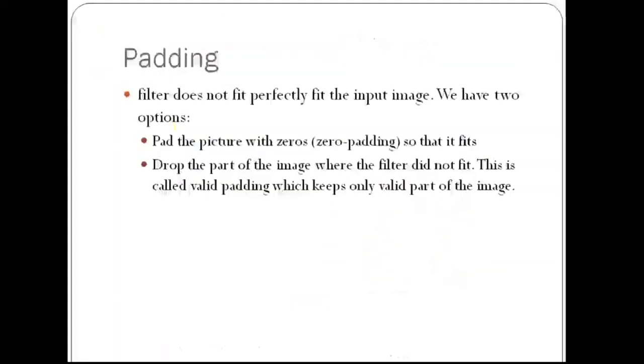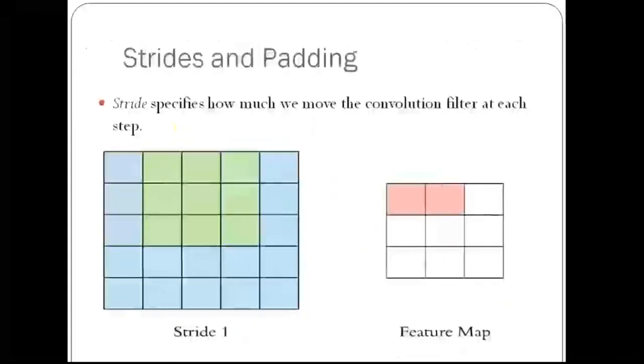Like in this feature image, the first column and first row, and the last column and last row, use the filter only one time, whereas the values in the middle use the filter the maximum number of times. So if the image concentration is at the top, bottom, left or right, we need the feature map to trace it twice or thrice.